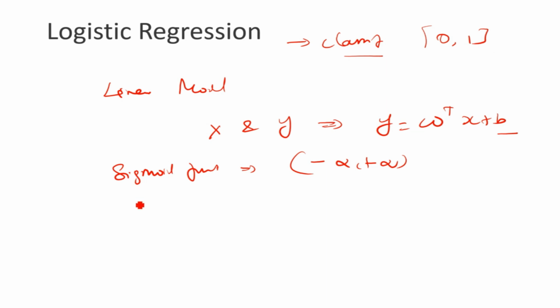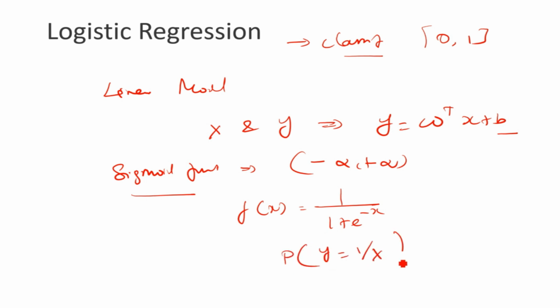So this is achieved by the sigmoid function. Of course, previously we have seen the sigmoid function, 1 by 1 plus e to the power of minus x. And by applying this to our linear model, we obtain p of y equal to 1 given x, which is equal to 1 by 1 plus e to the power of minus (w transpose x plus b).